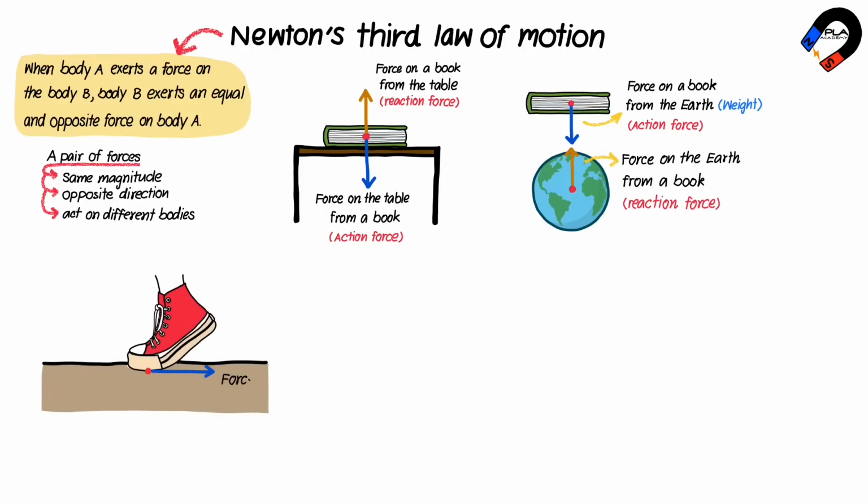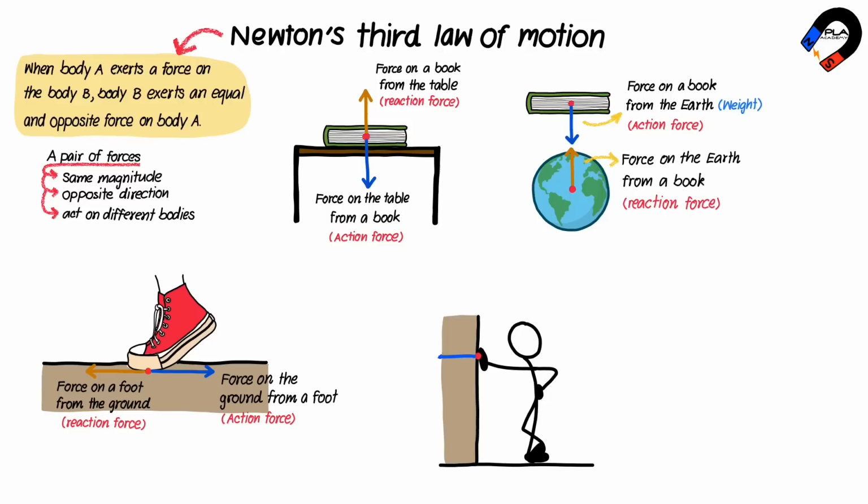While moving on the ground, we push the ground backward with our feet. This is the action force. The ground also exerts a forward force on our feet of equal magnitude in the opposite direction, which makes us move forward. This is the reaction force. A man's hand exerts a force on the wall. This is the action force.